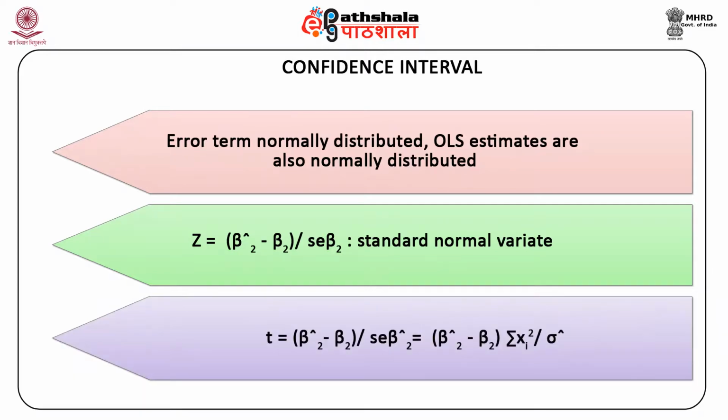T is equal to (beta hat 2 minus beta 2) divided by SE of beta hat 2, which is equal to (beta hat 2 minus beta 2) multiplied by the square root of summation xi squared divided by sigma hat. T follows the T distribution with n minus 2 degrees of freedom.